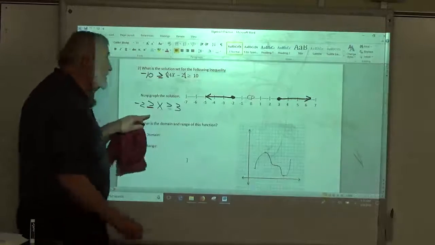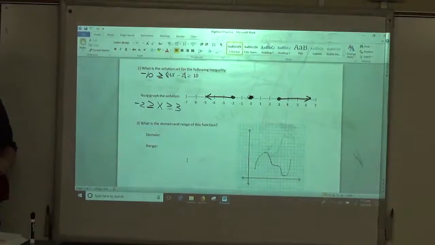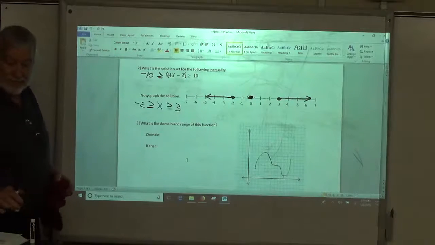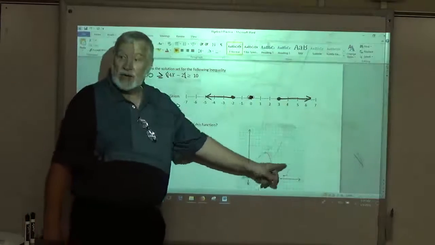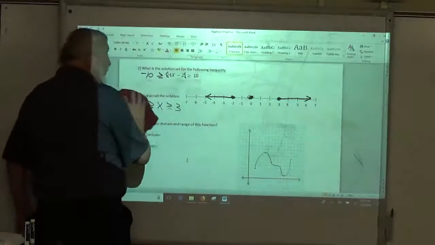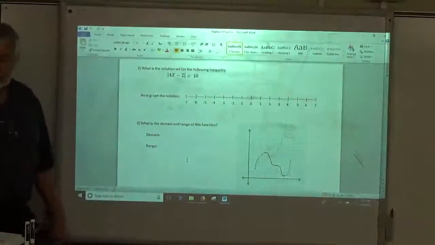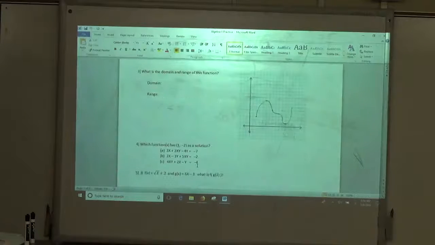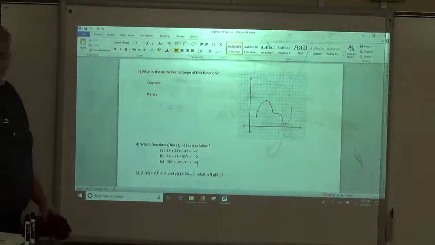But if there is, then the second thing you do is fill the circle in. The same thing would be true on the graph. If there's an open circle on the graph, that means you only do the greater than or less than, but not the equal. Now, do we have to do domain and range?